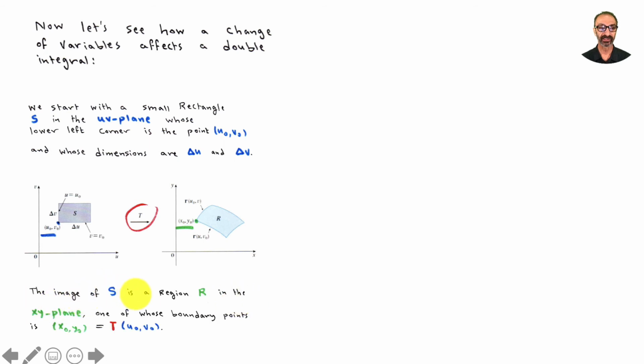The image of S is a region R in the xy plane, one of whose boundary points is x sub 0, y sub 0, which is the image of u sub 0 and v sub 0, as I mentioned. So this point is coming from this point.